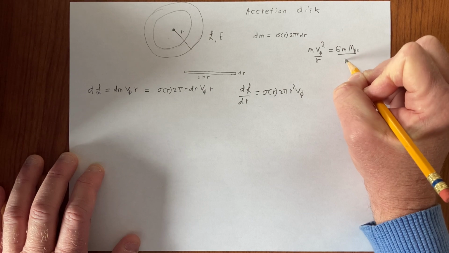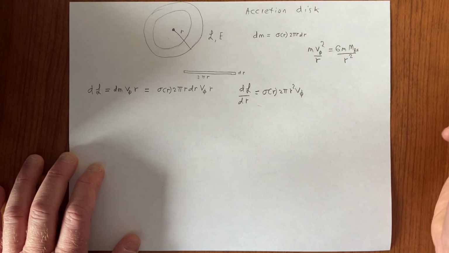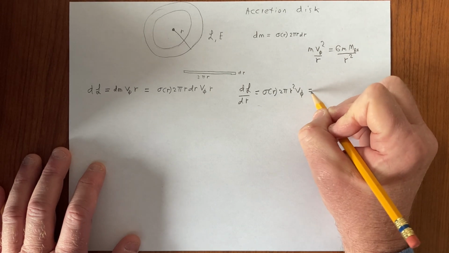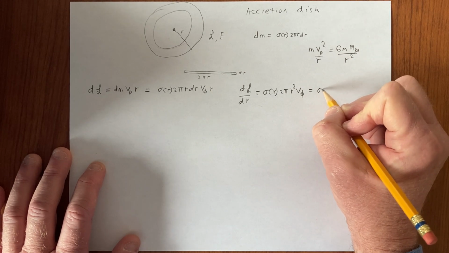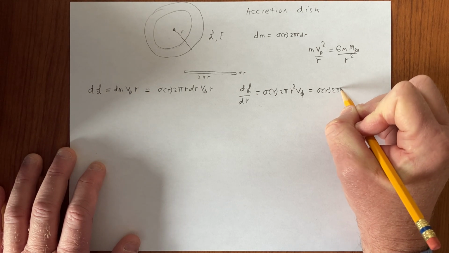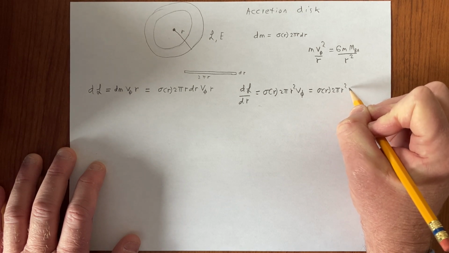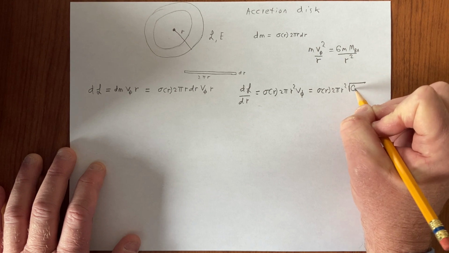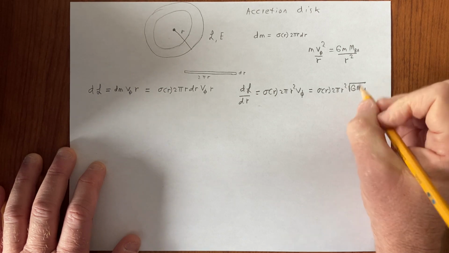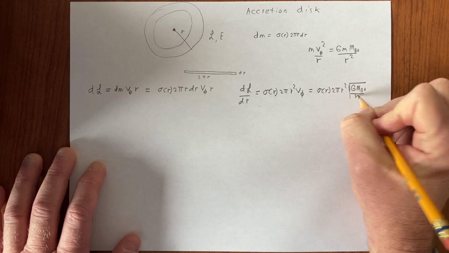So Newton's universal law of gravitation. And so we'll get v phi as, so here we get sigma of r 2 pi r squared times the square root of G mass of the black hole over the square root of r.